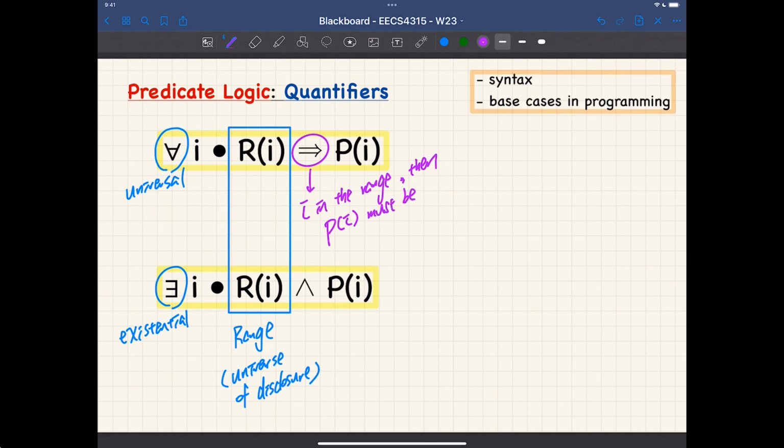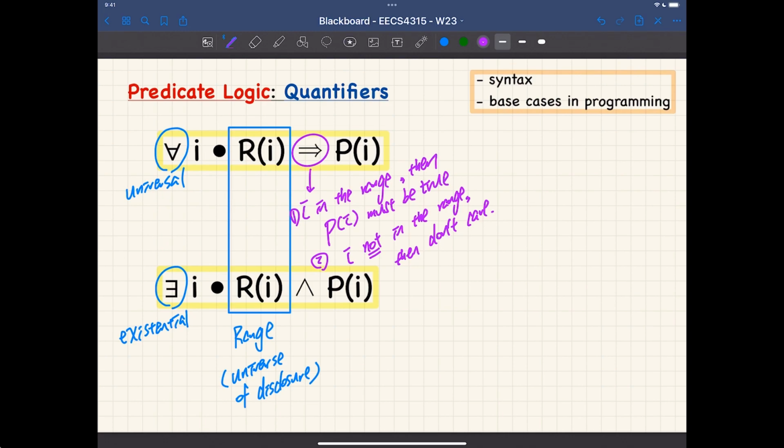Otherwise, the whole universal quantification will be falsified. Must be true. Case number 1. Case number 2. I not in the range. Then don't care. Okay, we'll see some examples later.